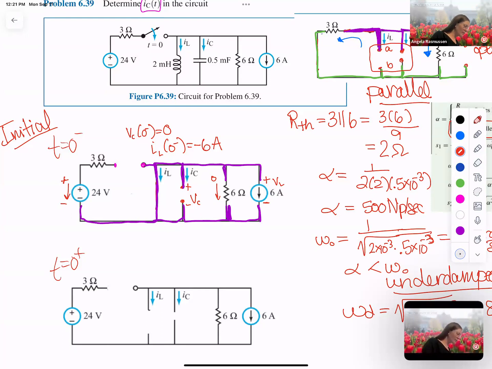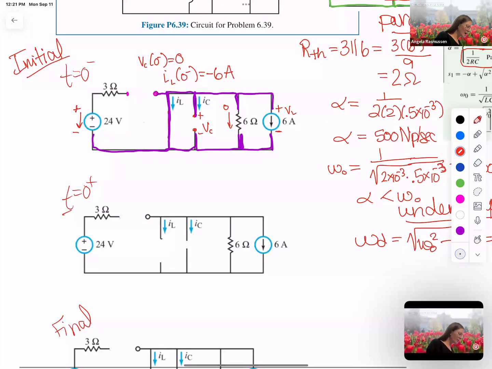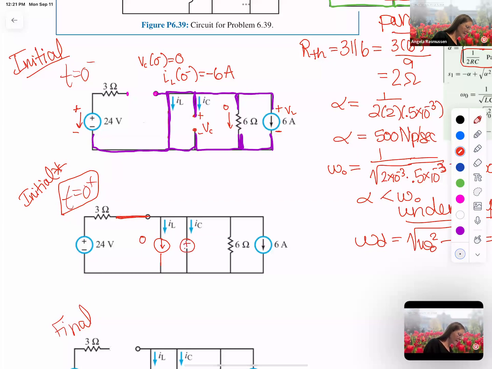So once I get those two values, I'm going to use those to actually find the initial value at this stage. So here, this is now closed. And this acts as a current source with, oh whoops, that's not 0, sorry, as minus 6 amps.